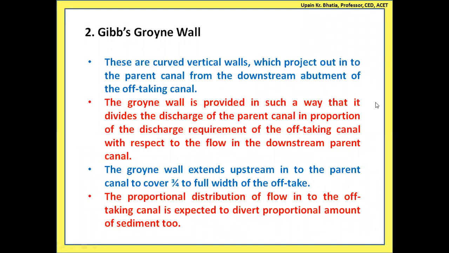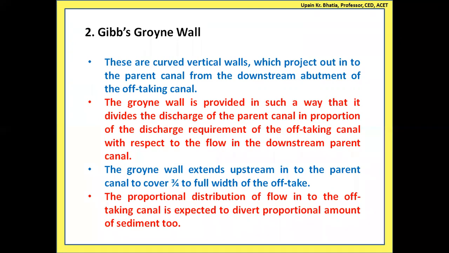Now, the second structure is called Gibbs groin wall. If you see the meaning of groin in irrigation 1, if you have heard of it, groin is also called spur, S-P-U-R.